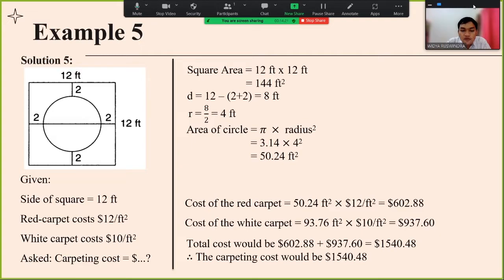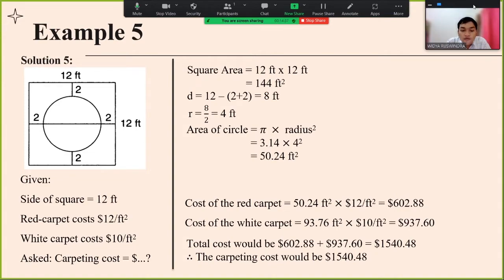So the cost of the red carpet is, before that, we know the red carpet is a circle, and the other part is white carpet.